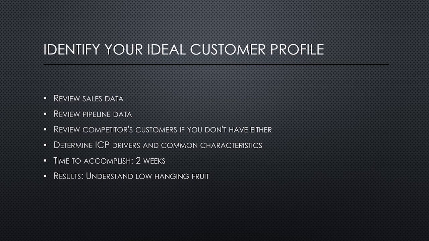There's 1,000 other questions that you could ask, but getting a detailed profile on your existing customers and leads helps you to align your product to the market. You should be able to do this in 2 weeks. And if you do it, you're going to align yourself to low-hanging fruit.